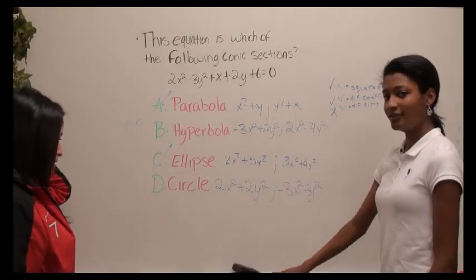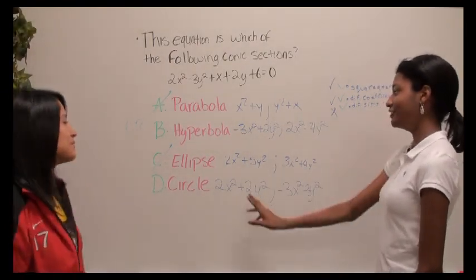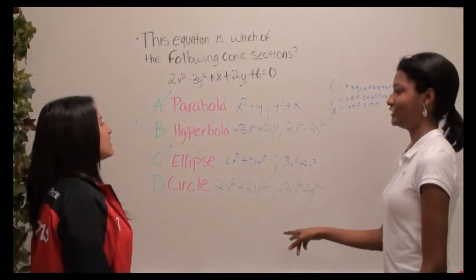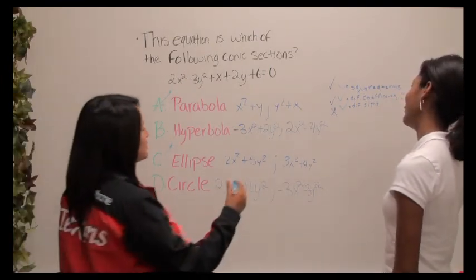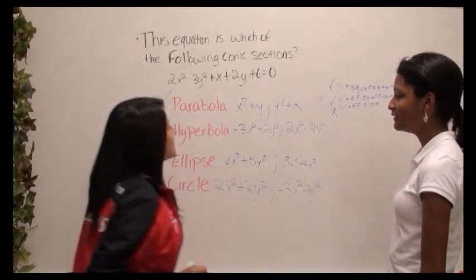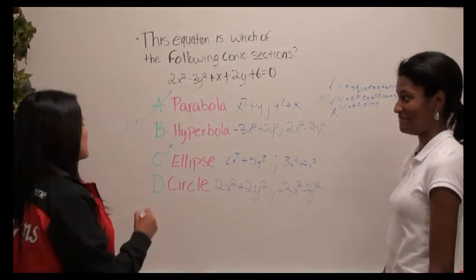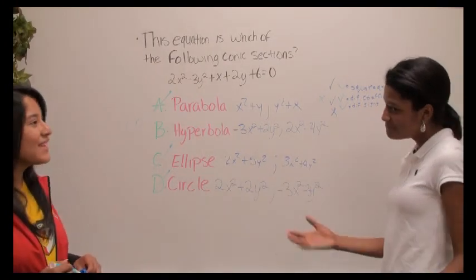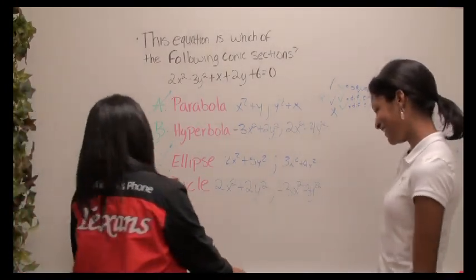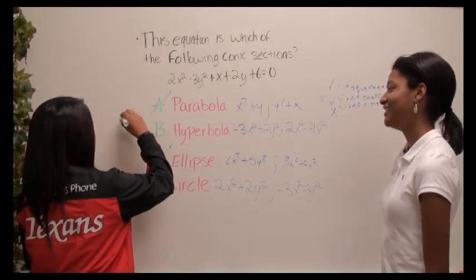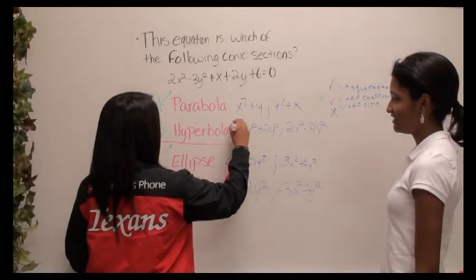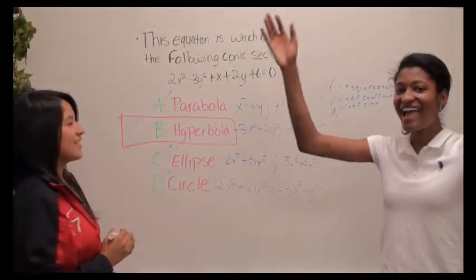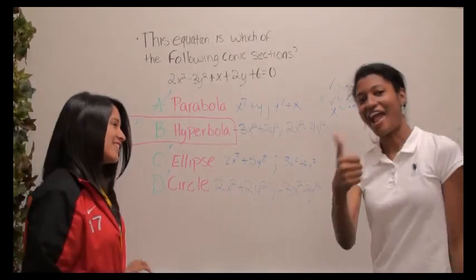Now the properties of this one, they have the same coefficients. Wrong. Well, it can't be these. So what are we left with? B. So our answer is B. Yay! Good job, everybody. Alright, now let's move on.